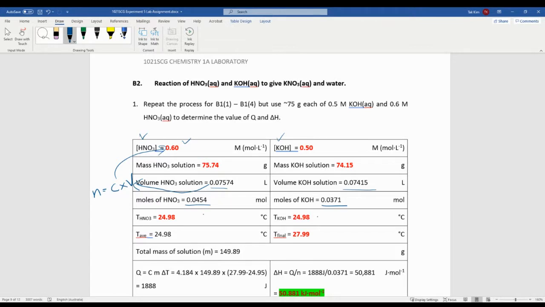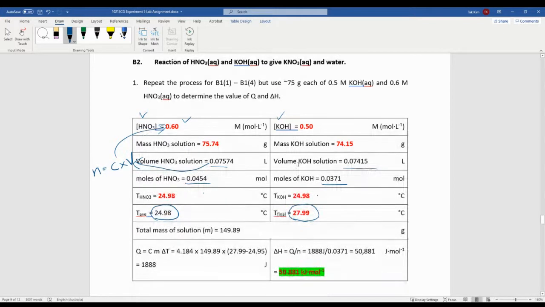So your initial temperature should be 24.98 degrees Celsius. And then your final temperature is 27.99. And then again, total mass is the mass of your two different solutions, so you should be able to calculate with no trouble.